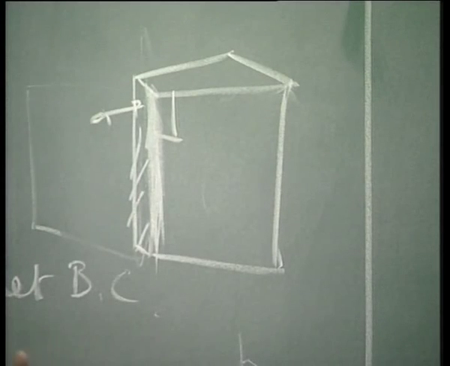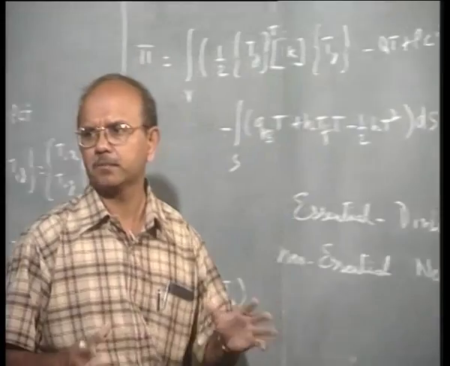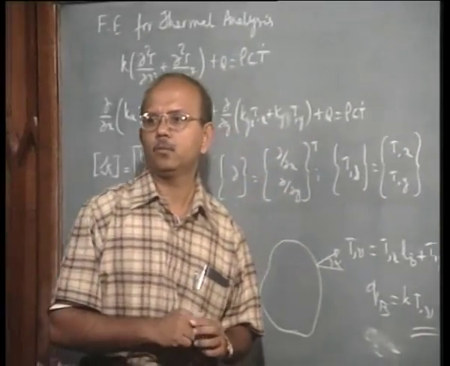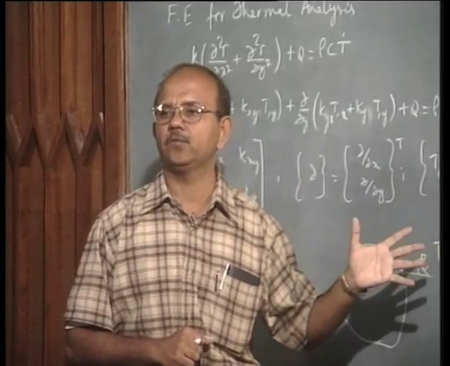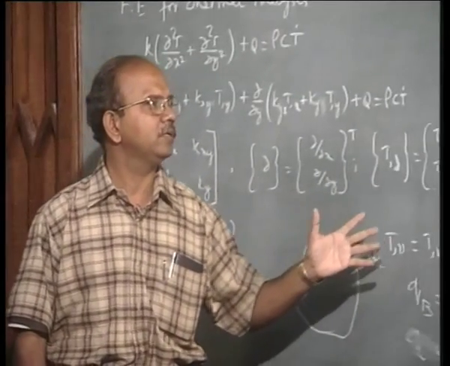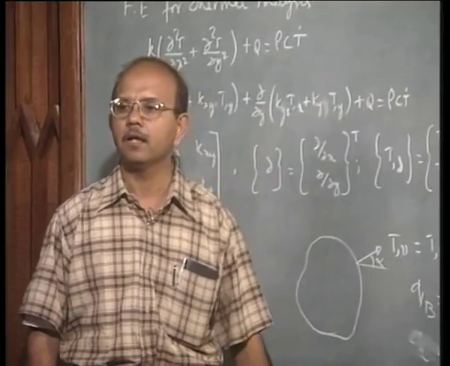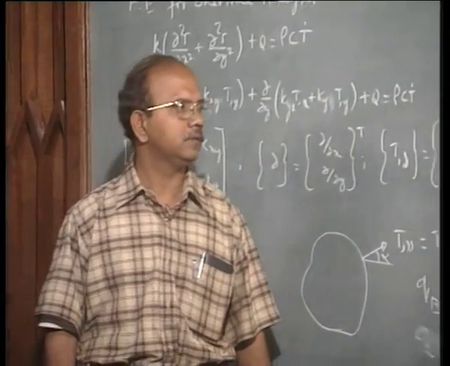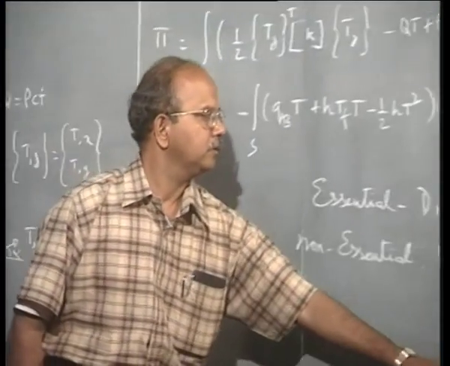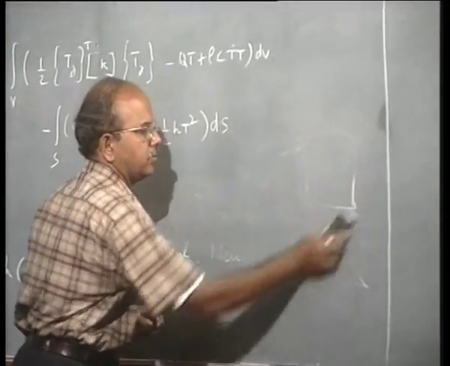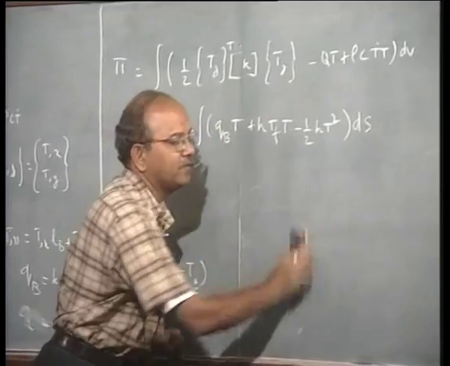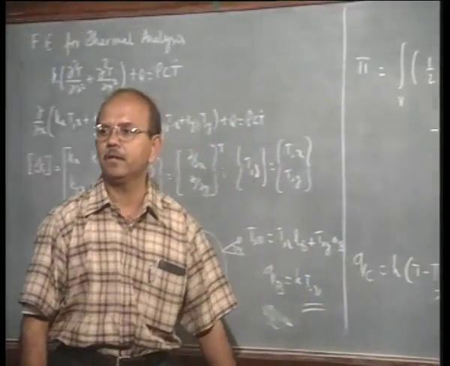Knowing this, our job is very simple. The next step is very simple. What is it that I have to do? For the governing differential equation, I have to write down a functional. Let us not go into the details of how to derive this functional; it can be derived nicely.